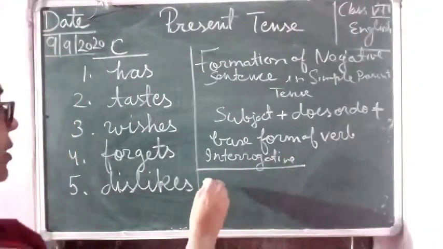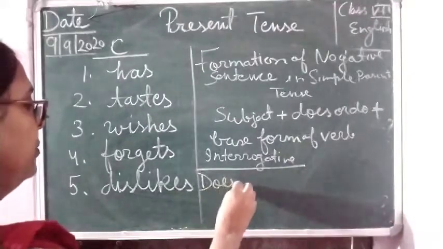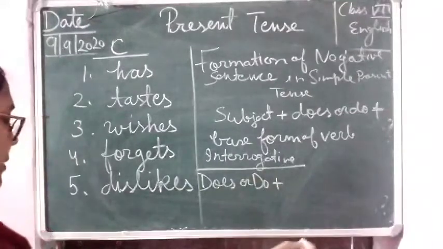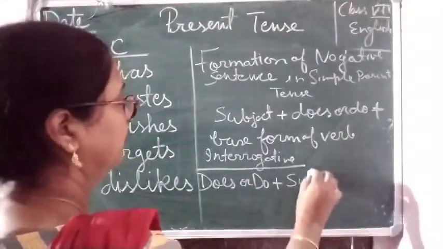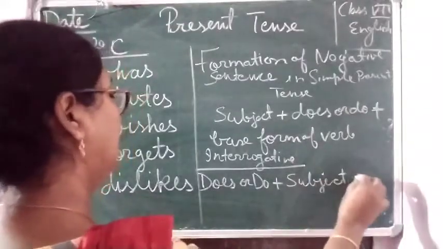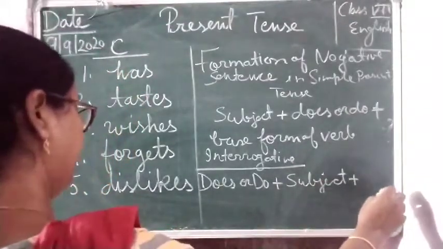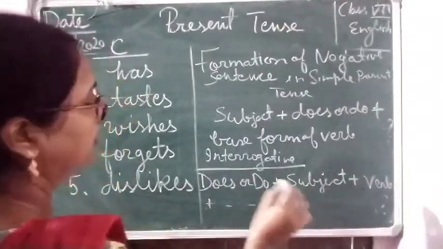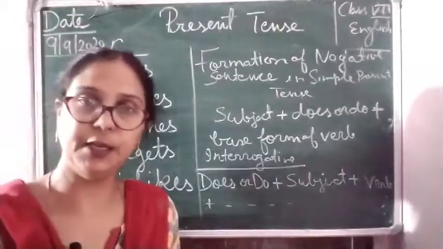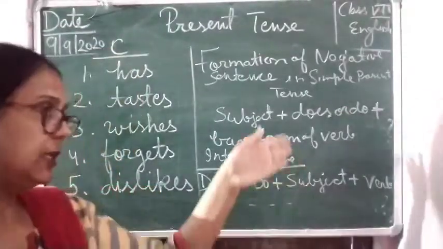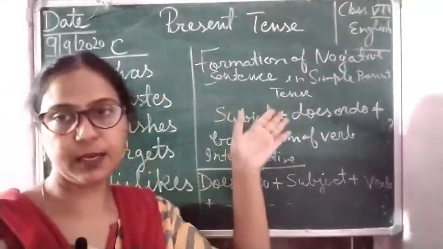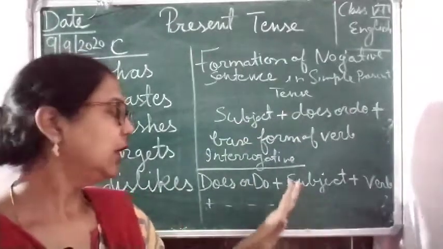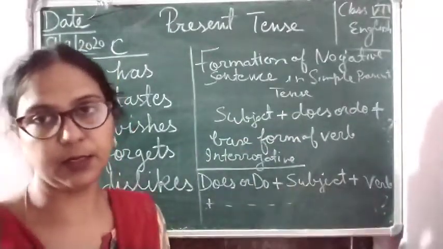Now first of all, do or does, after that subject, after that verb, and then other words of sentence. So this is, you can say, the formation of negative sentence in simple present tense, and this is the formation of interrogative sentence in simple present tense.